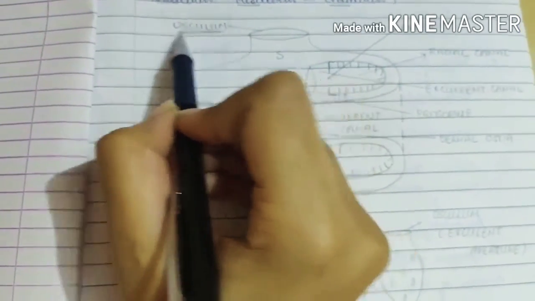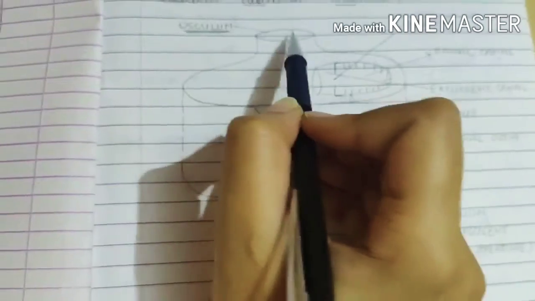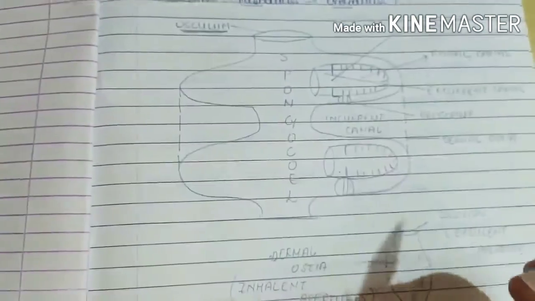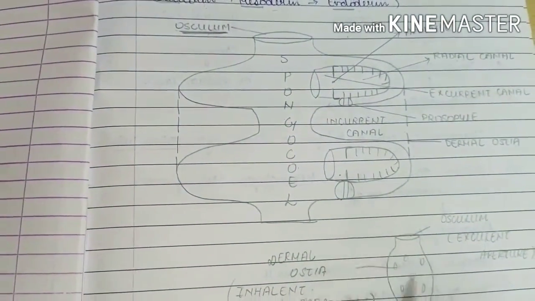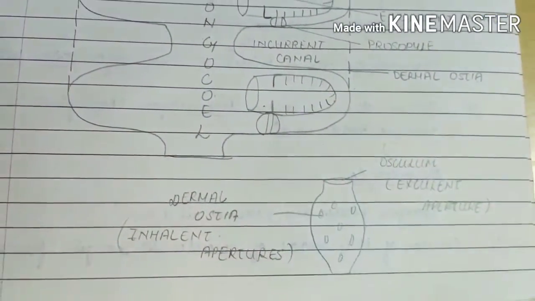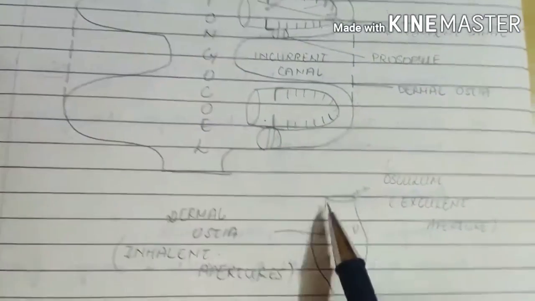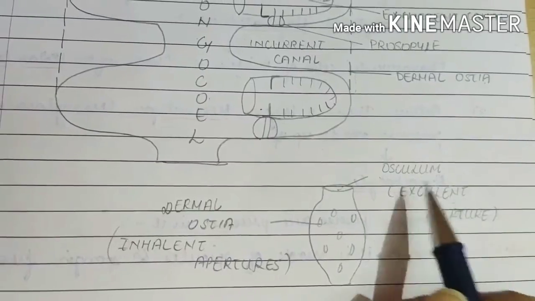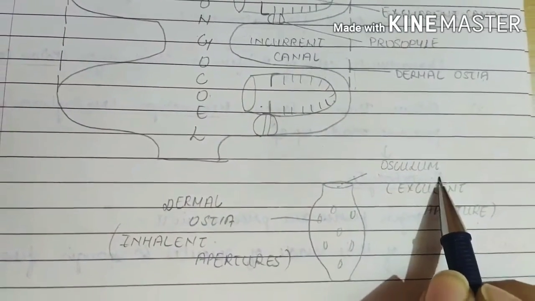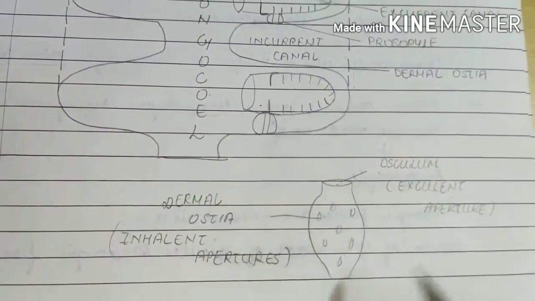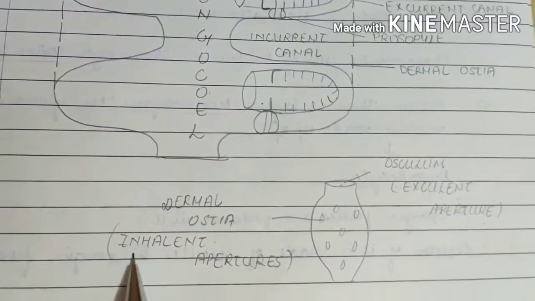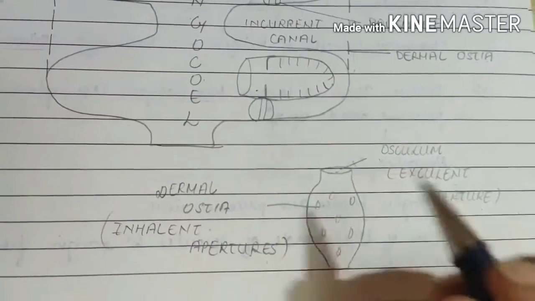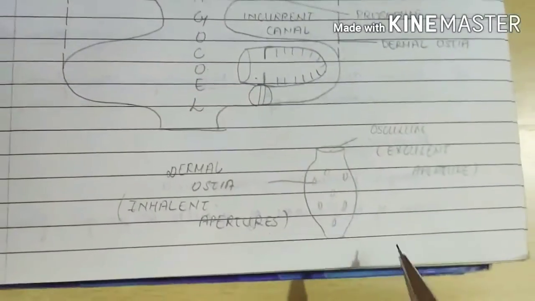for the sake of knowledge we should know, it has a mouth known as the osculum. The simplified diagram, which we can easily memorize, is that they have a mouth called the excurrent aperture, also known as the osculum, and have the dermal ostia, that is inhalent apertures, in the body of the sponge.